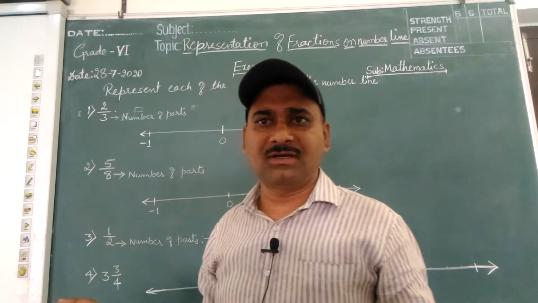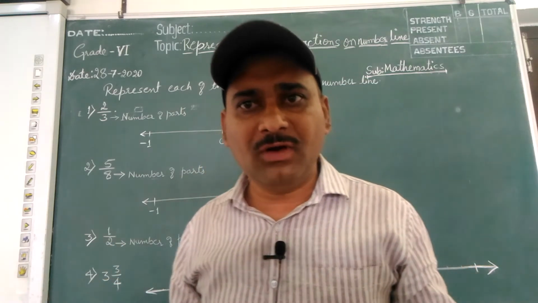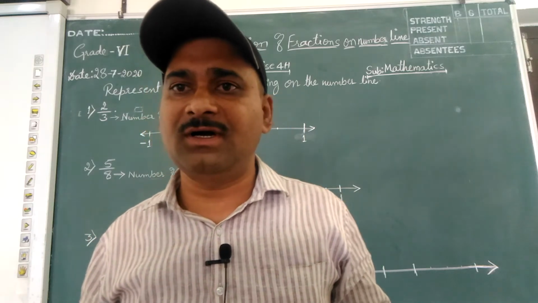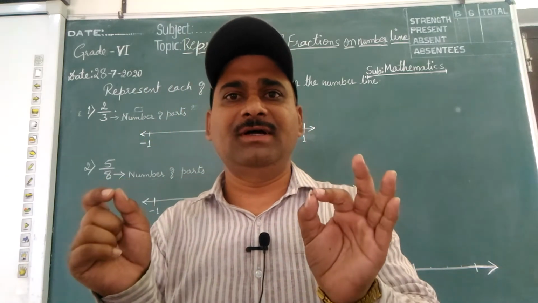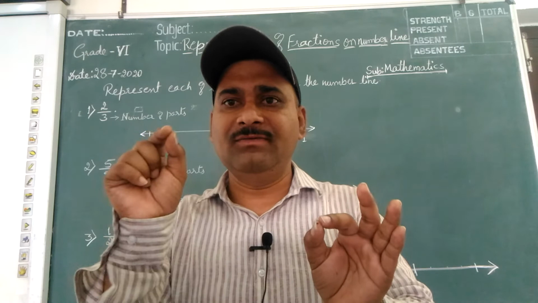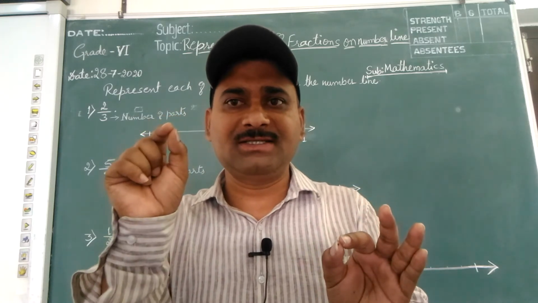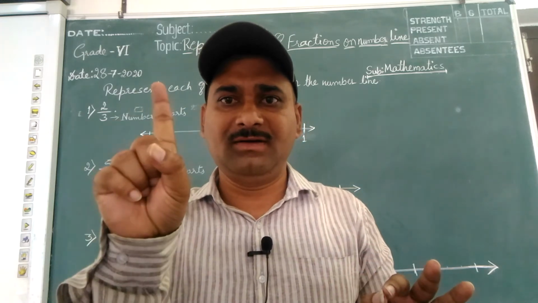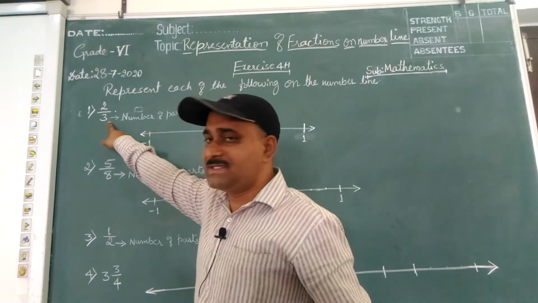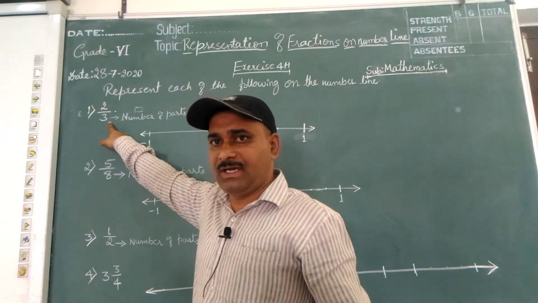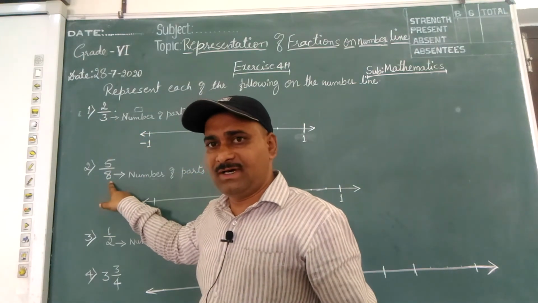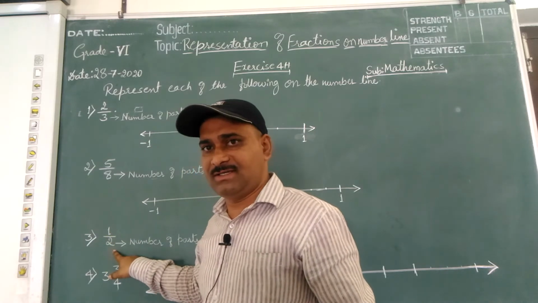Fraction means what, children? A part of a whole. Part of a whole means it is less than 1. The value of a fraction will always be less than 1. So this value is less than 1. This value is less than 1. This value is less than 1.